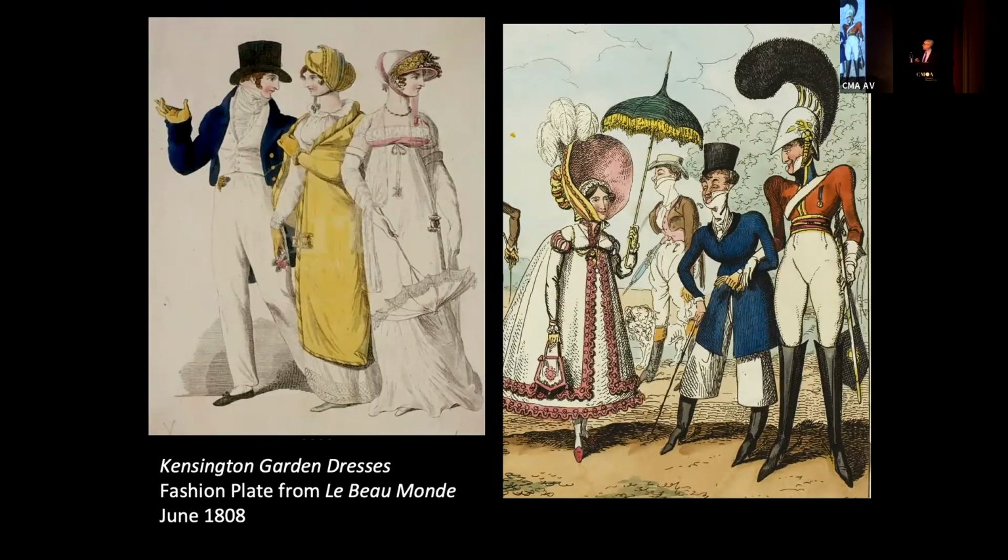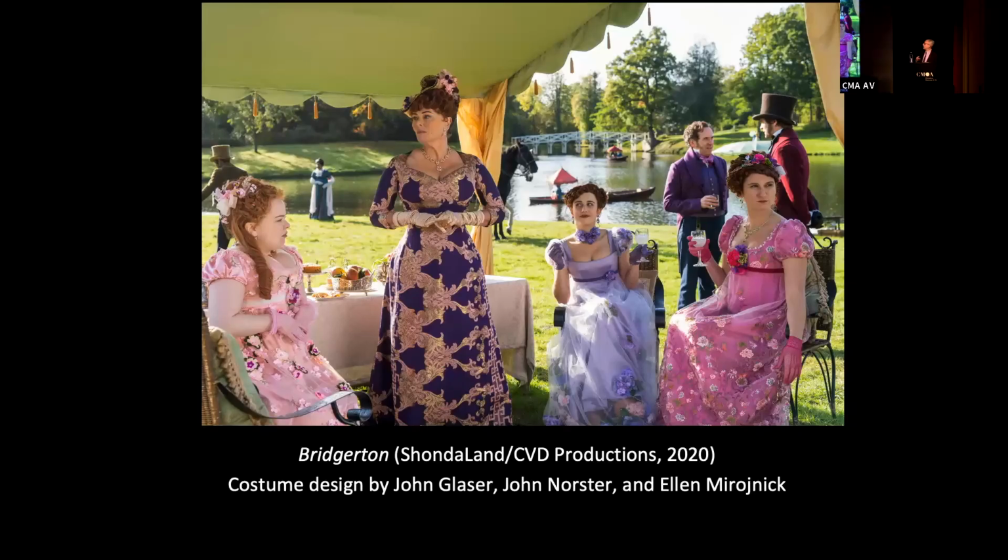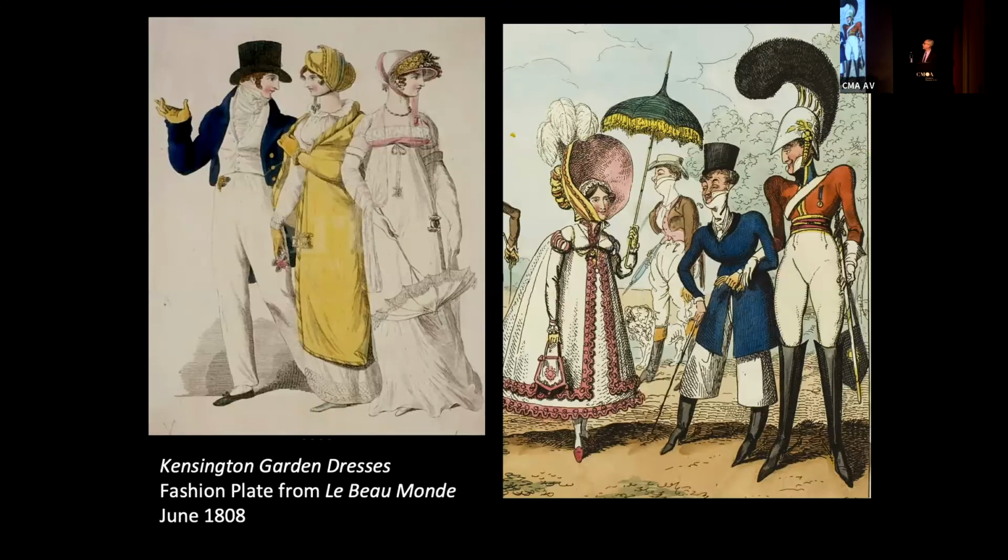And in a way, you could be exaggerated and give the Featheringtons a vulgar look without having to go quite this far. You could maybe take your inspiration from the satirical cartoonists, somewhere between the elegant ideals of the fashion plates and the outrageous ridiculousness of the satirical cartoonists.